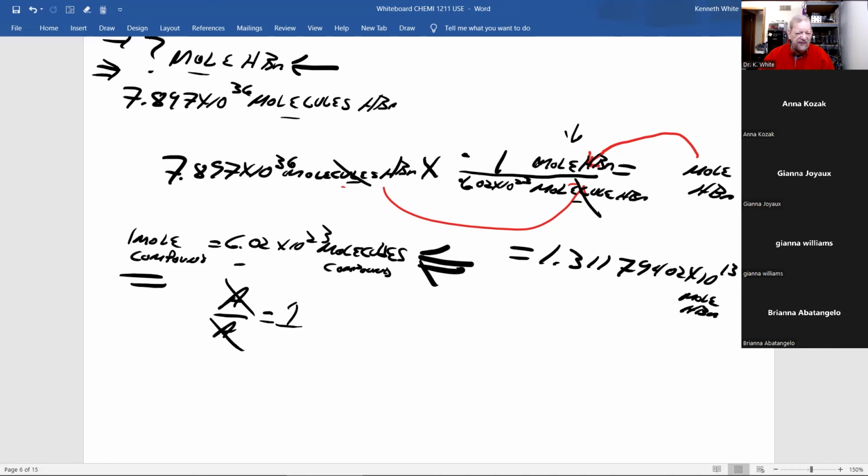And this is a multiplication division. This has 4 significant figures. The 1 is an exact number, not considered in a math operation. And for Avogadro's number, we use 3 significant figures. Which one of these is the lowest number? 3. I'll give you 10 seconds to round this off to 3 significant figures. Go.